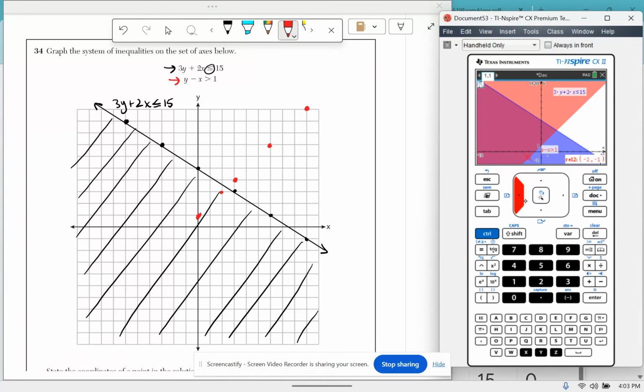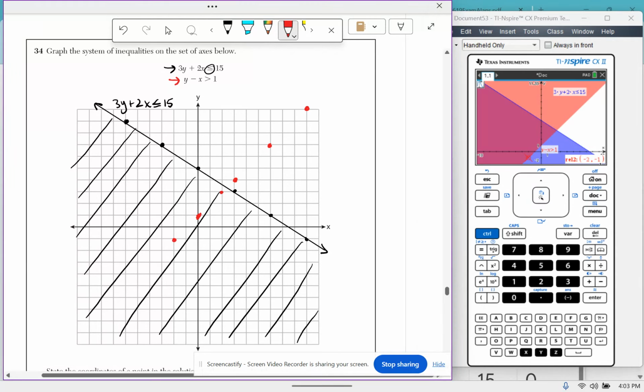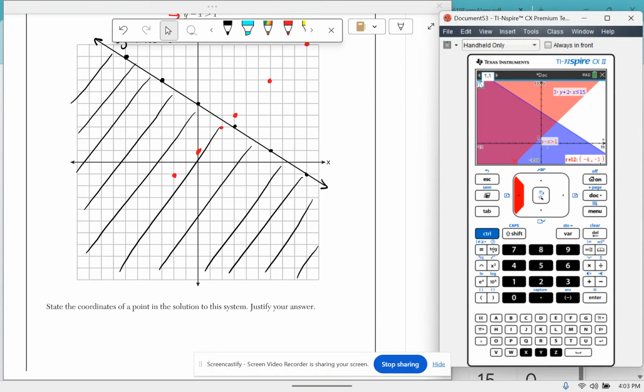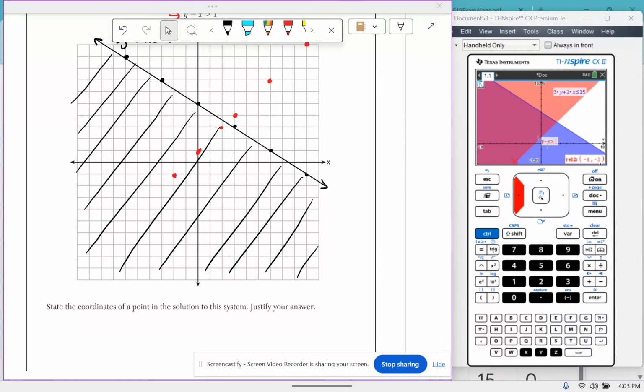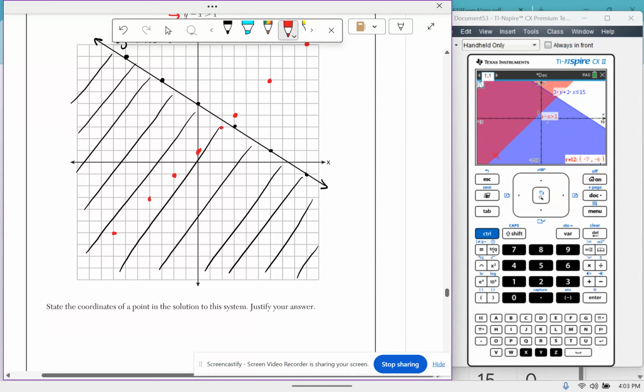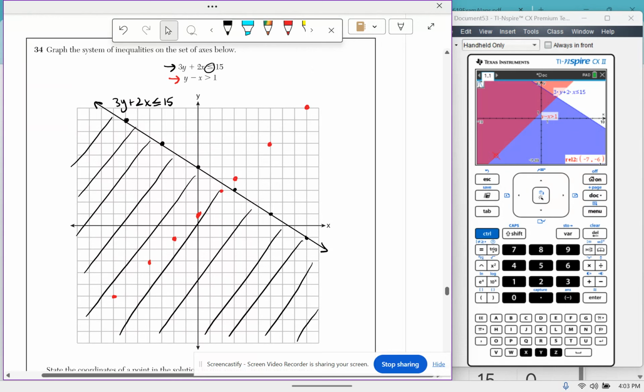It's okay. It's not always going to be perfect, right? Okay, and then this is a dashed line because of the inequality symbol type.